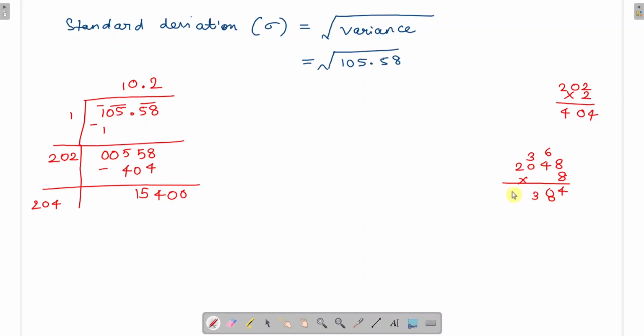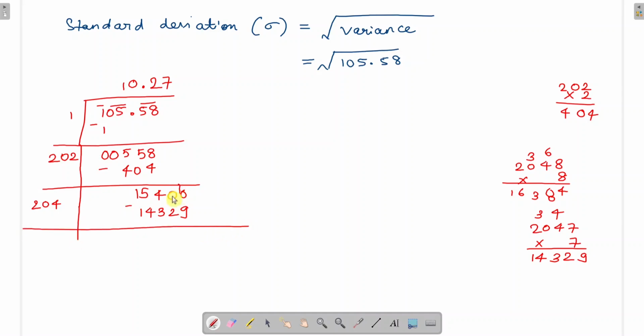Then 3 and 16, so 2047 into 7, let us see, 7 times 7 is 49, 7 times 4 is 28, plus 4 is 32, 3 and 14, right. So 7s are 14329. Okay, so 1 borrowed, 9 remains here, 3, so 17010.